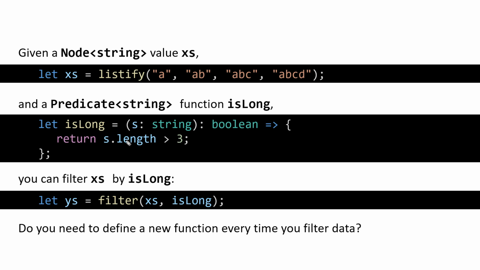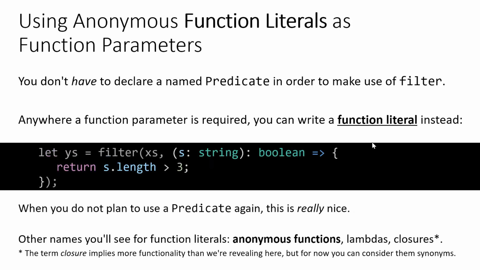And what we're going to see with function literals is, well, if isLong is defined by what we're seeing here, right, this function syntax, then shouldn't we just be able to write that function syntax right here where we had written isLong, the name of the variable that held that function value before? So let's check it out and see if we can.